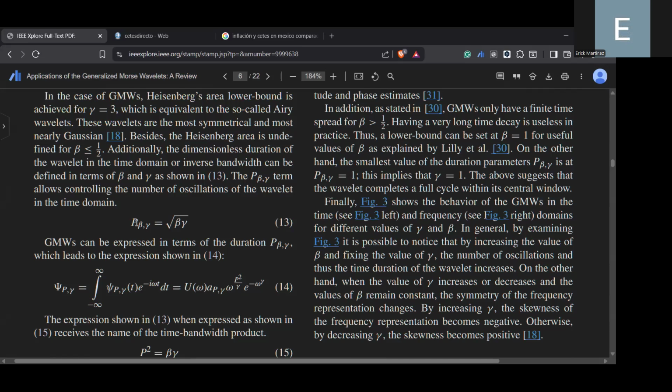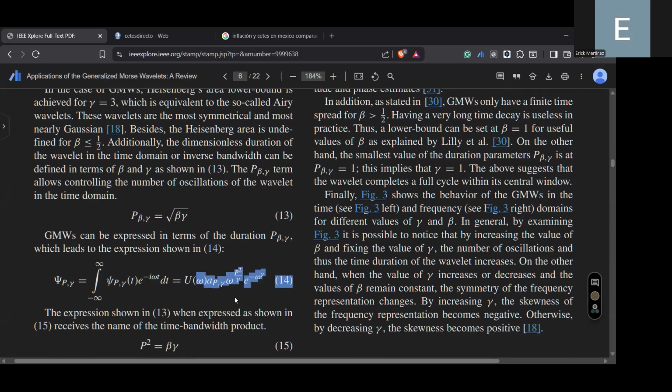We can get what we call the time bandwidth product, defined as P, that is equal to the square root of beta times gamma. So this is another relationship that we can use to parametrize or to define the generalized Morse wavelets in this form.